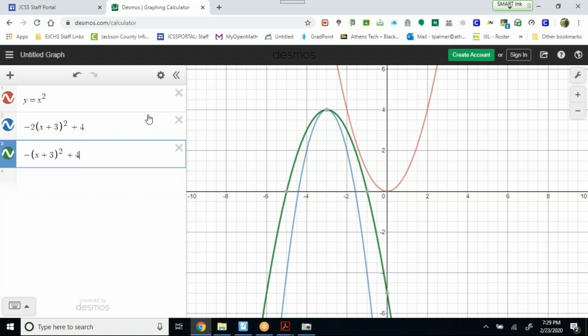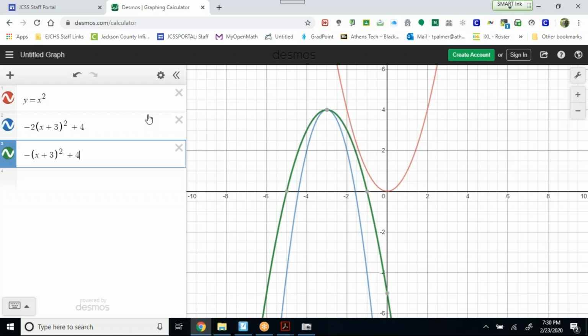So you can see that that's the green one. You saw the blue one, the 2, what it does to it, it's a stretch. It makes it get closer to itself. Like if you take your arms and raise them up and get them closer, try to clap your hands above your head. As you've extended your arms, your body's stretching. So that's kind of what the a, if it's bigger than 1, is going to do for a vertical stretch.